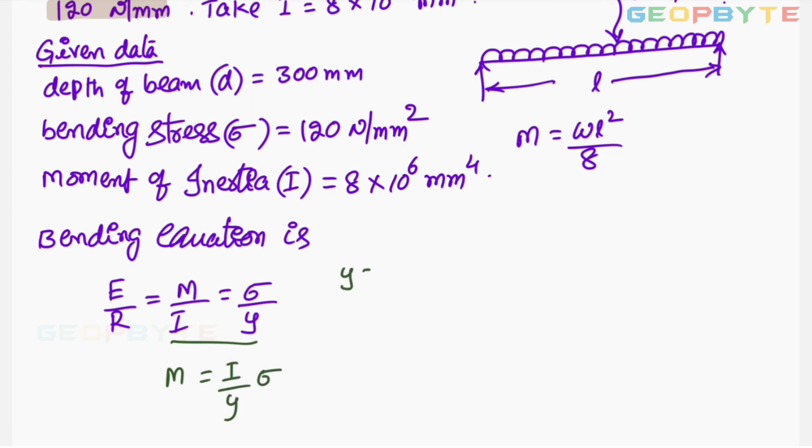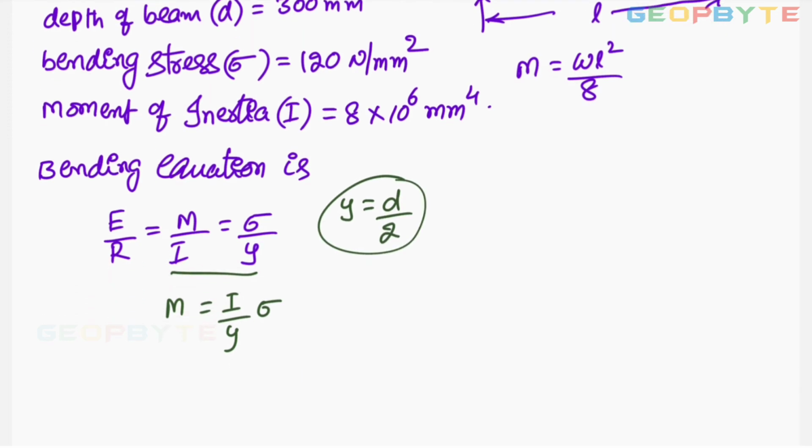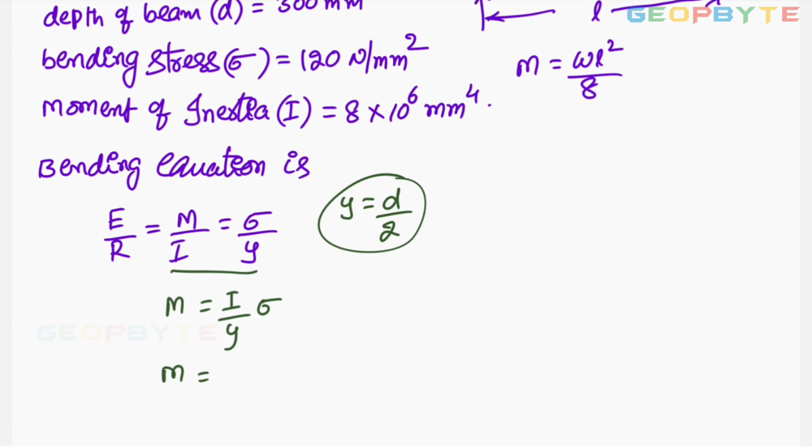Here Y equal to half of the depth. So bending moment M equal to I, 8 into 10 power 6, multiplied by sigma 120, divided by Y equal to D by 2. So Y equal to 300 by 2 is equal to 150 mm.